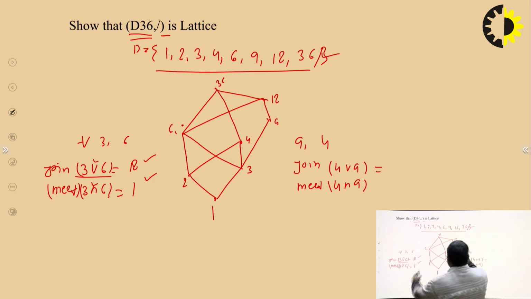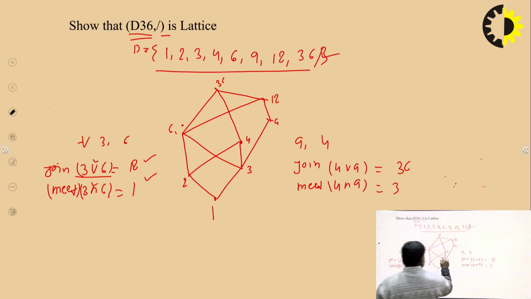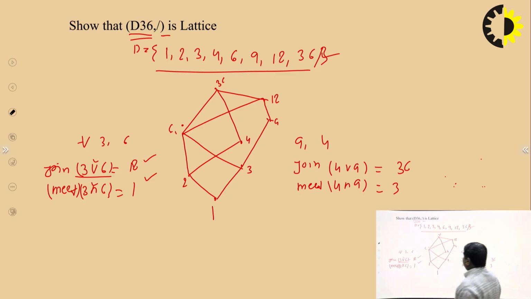Now 4 and 9 first meet on top at 36, and first meet on the bottom at 1.